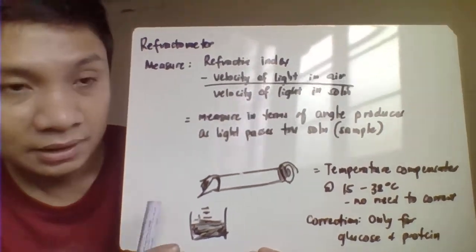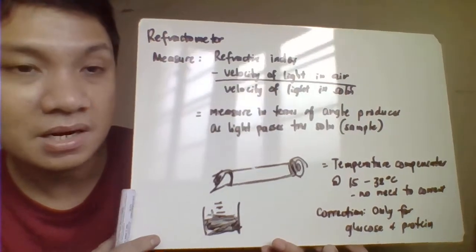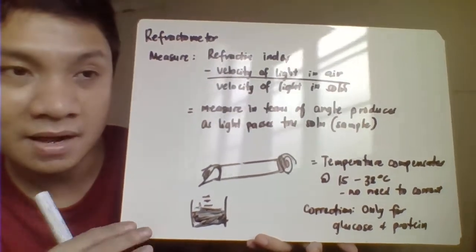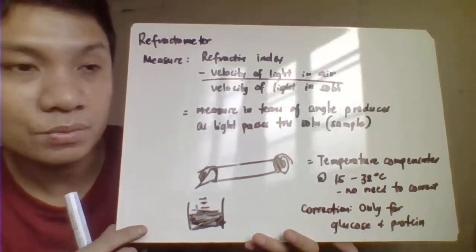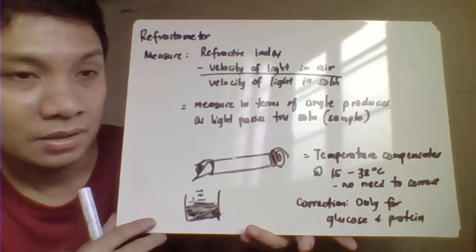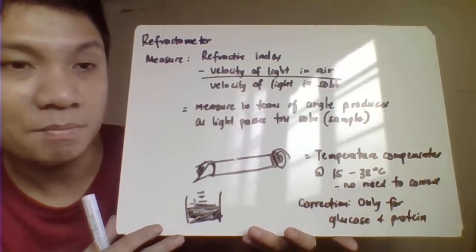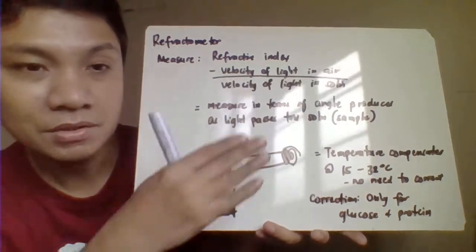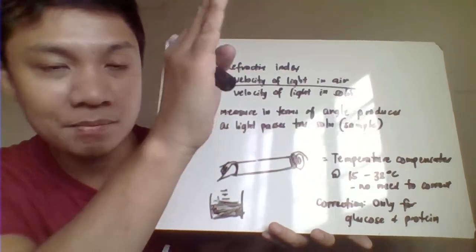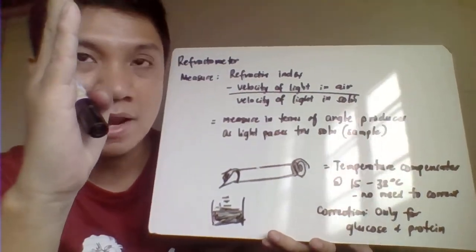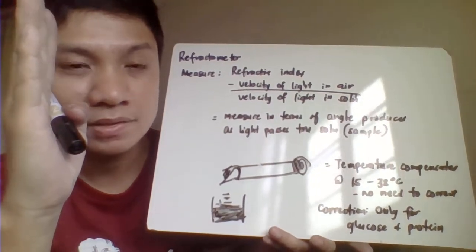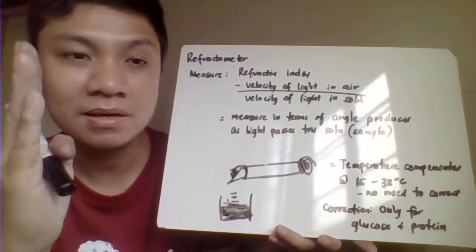Okay, so this refractive index here is being presented in the angle here that's being produced as the light would eventually pass through your solution. So mean to say, pag zero kasi siya, ganito, di ba, straight ang line natin. Kasi walang laman or like distilled water, so we're expecting na wala siyang laman na dissolved na solute.